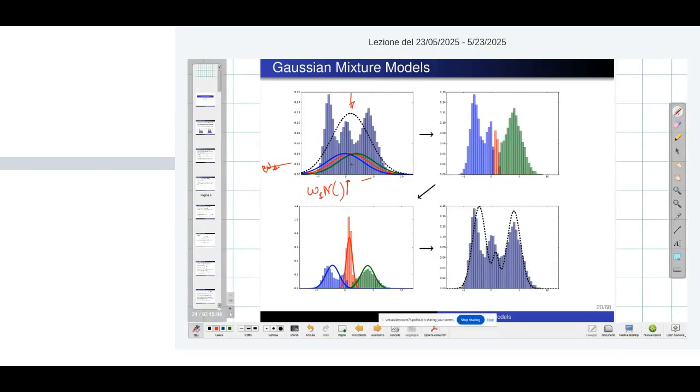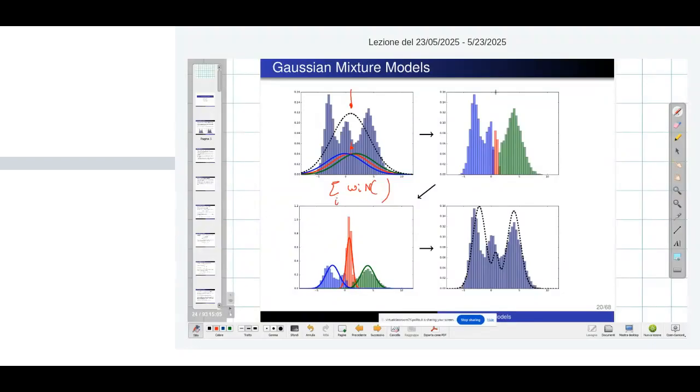So the curves do not integrate to 1, but each curve integrates to its corresponding Wi. The area below the red curve is equal to Wi. So each of these is already one component multiplied by the corresponding weight, and the sum of these, the dashed line, is the overall density obtained by summing over components.